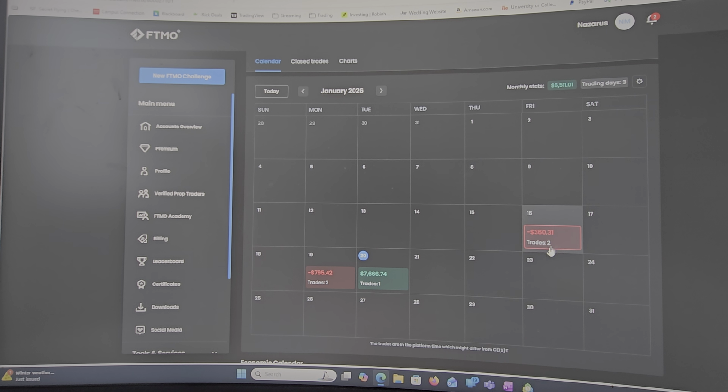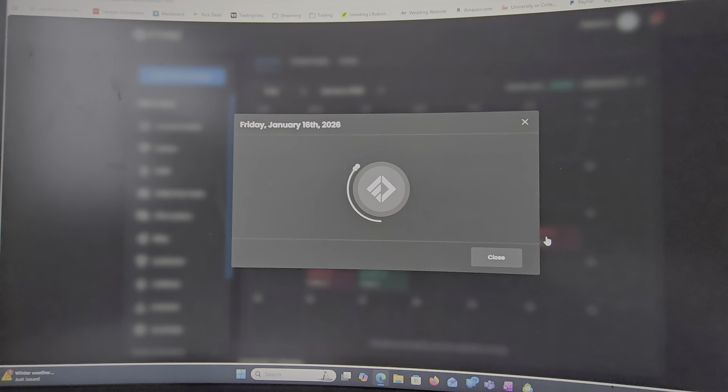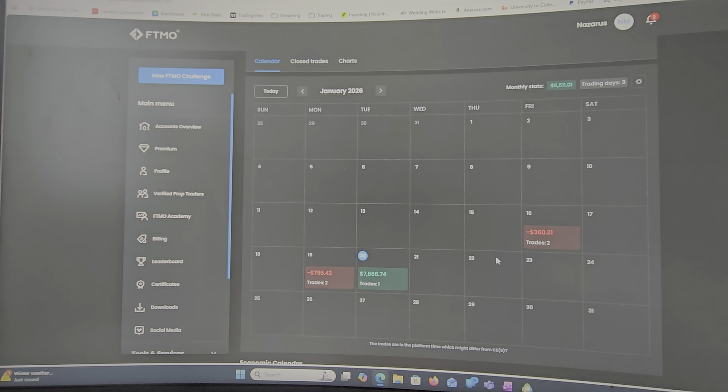So our first trades, two trades, were both losses. I think it was buy on S&P 500 and the Nasdaq, if I'm not mistaken, but both of them were losses.